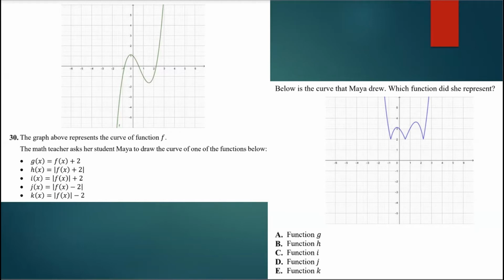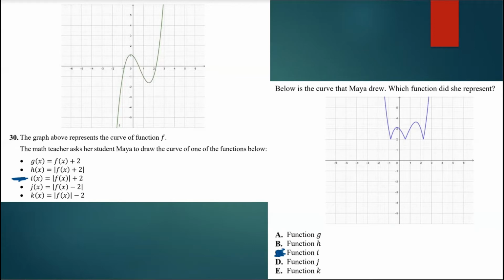Everything going up happens when you draw the absolute value of the function. So absolute value will turn that part up and turn this part also up, so the graph will go this way. But it's not only that, it's also shifted up 2 units exactly. So I will go with the absolute value shifted 2 units up, which is this one, which is I here.